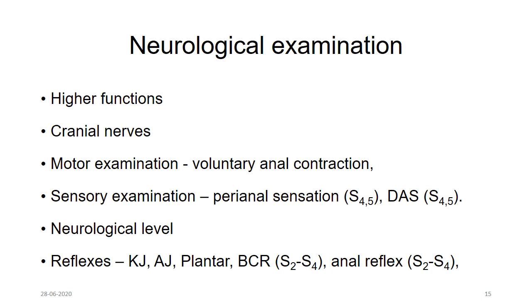Sensory examination should include the assessment of perianal and deep anal sensations. Both are S4 and S5 supply. From this we have the motor and sensory level, and we can get the neurological level as per the American Spinal Injury Association scale, or the ASIA scale.